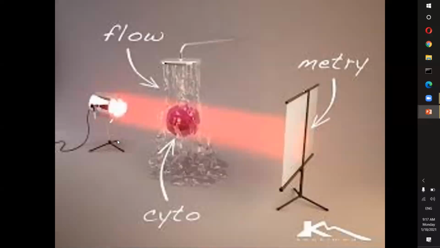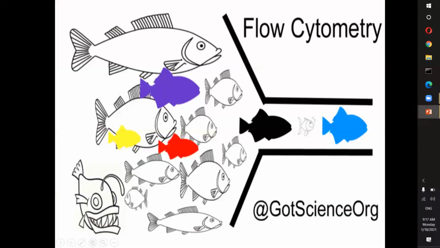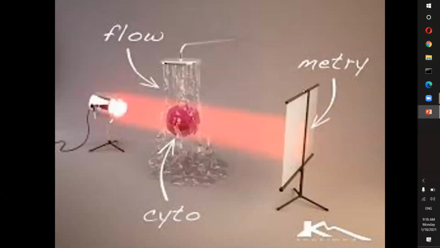Every cell has a differentiation that differs from other cells. So any cell entering the flow cytometer can be detected as abnormal accordingly. Flow cytometry can detect CLL.